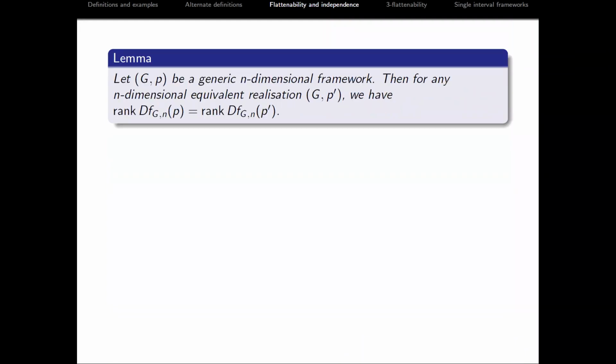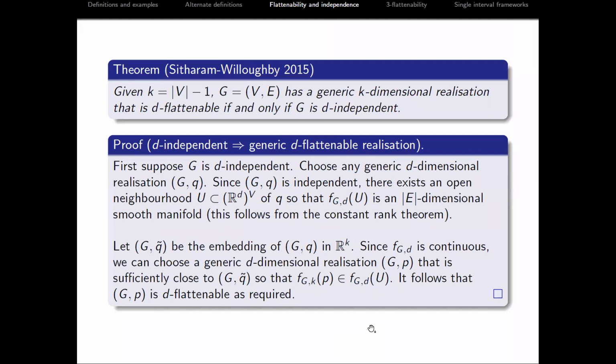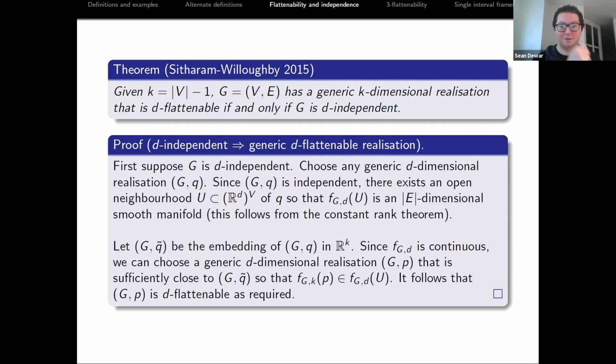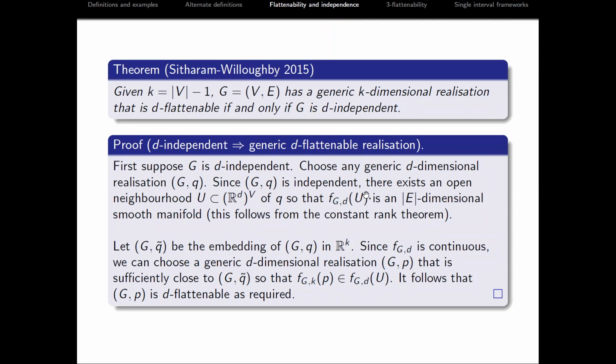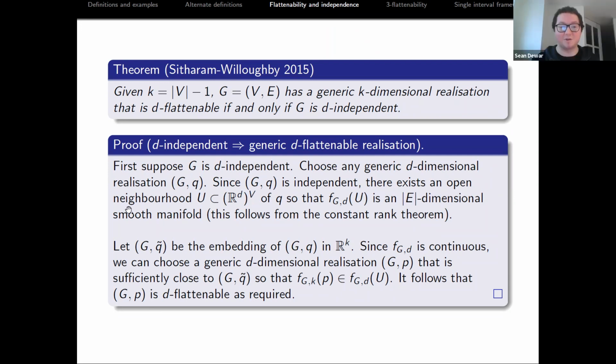So a projection of an open set is also an open set, right? Oh, I want to be careful on that. Hang on. The projection of an open set is always open. Yes, that's true, because it's a surjective linear map. But what we have here is just because GQ is independent, we could find an open neighborhood of Q so that the image of this open set is an E-dimensional smooth manifold, which just means it's going to be an open set.